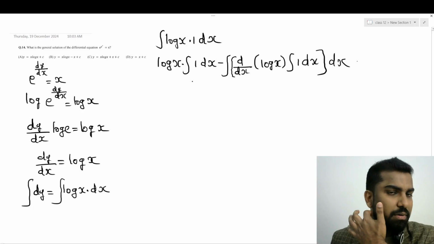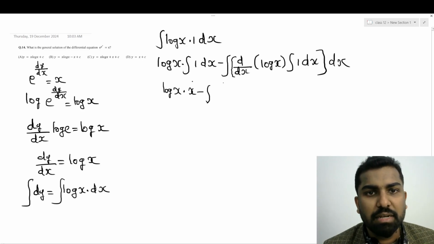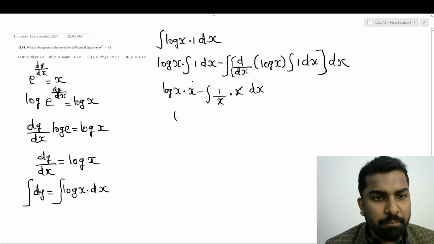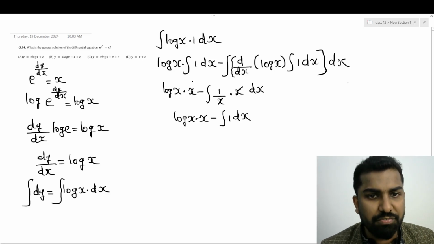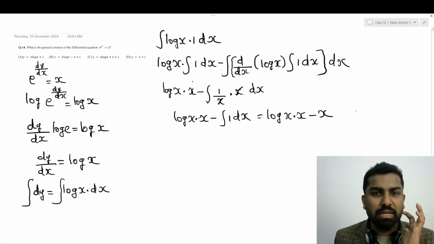Simplifying, log x into x, minus the integral of 1 by x into x dx. That means log x into x minus the integral of 1 dx, and the integral of 1 is x only. So this will become x log x minus x. This is the integral of log x.